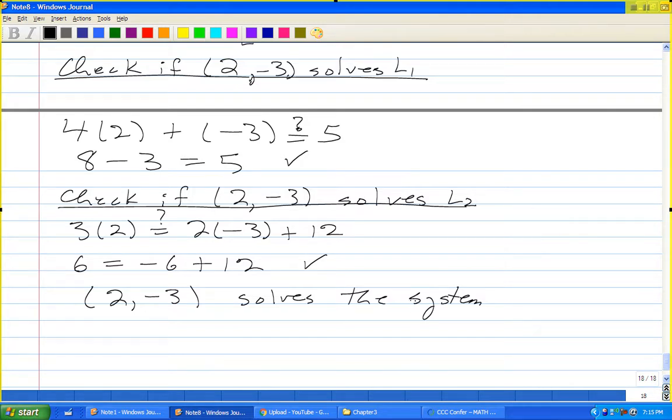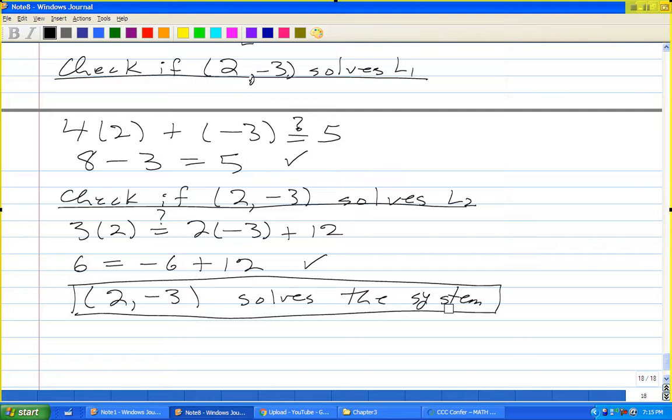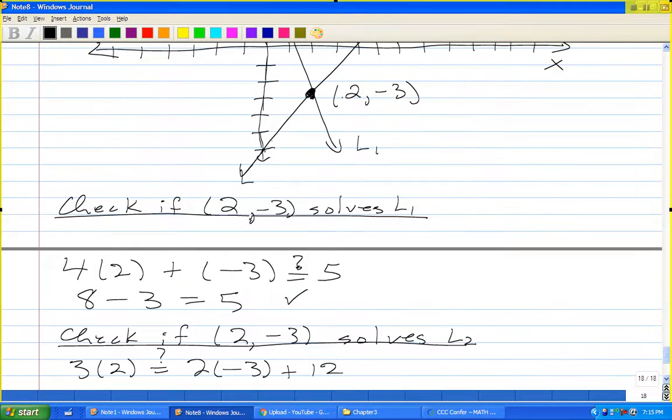And so this is a consistent independent system. There it is. Okay, so let's do problem number 23.